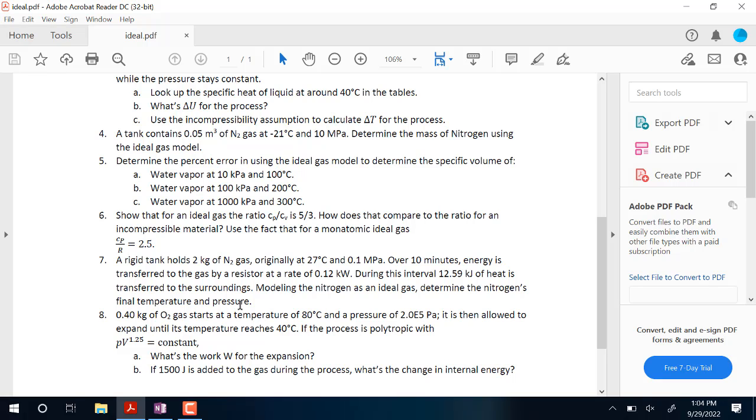So that's given as a rate of energy being transferred. And then over this interval, 12.59 kilojoules of heat is transferred. So energy transfer by heat and work are given in two different ways. One's given as a rate and one's given as a total over the interval.